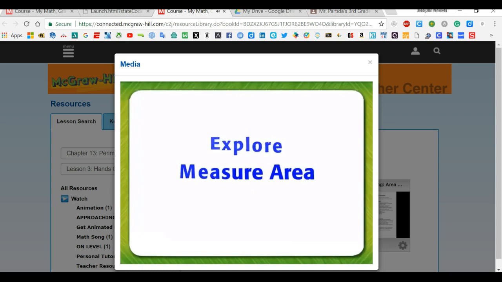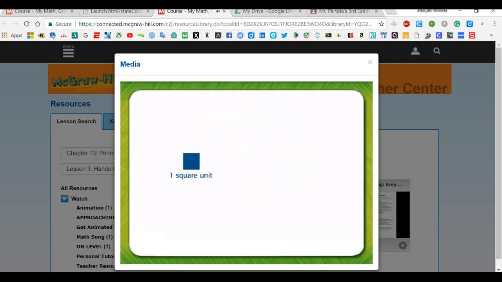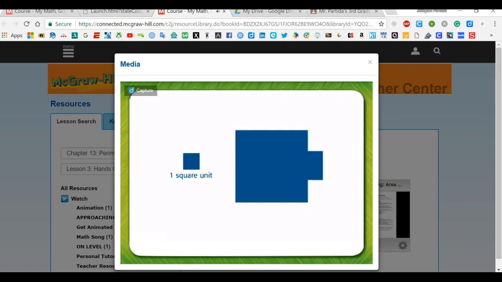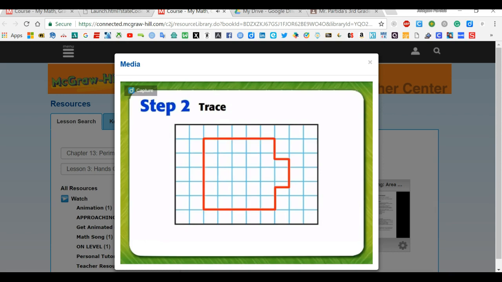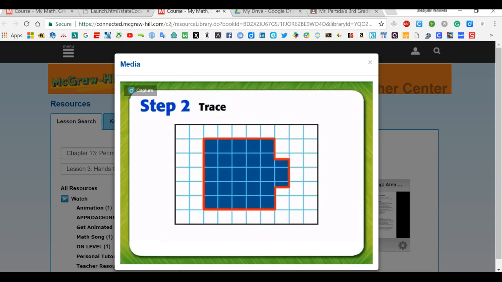Explore, measure, area. If this figure represents 1 square unit, estimate the area of the shape shown. First, estimate. How many square units do you think will cover the side view of the shape? The shape appears to be about 26 square units. Next, trace one side of the connecting cube onto grid paper.